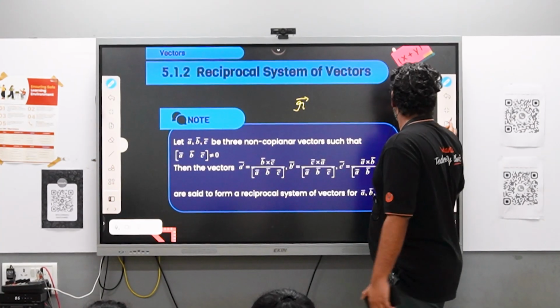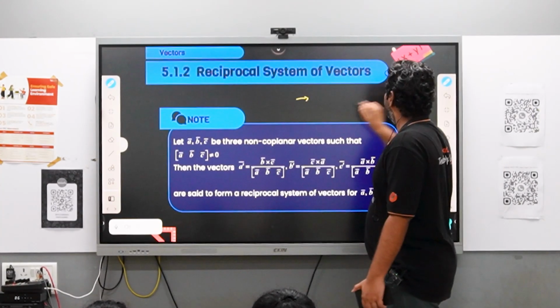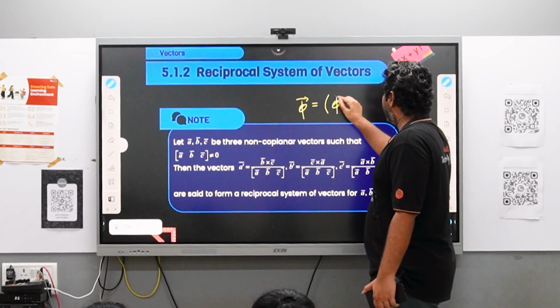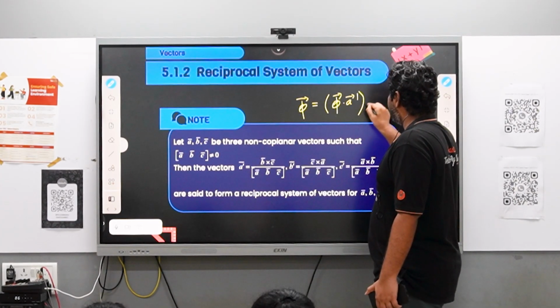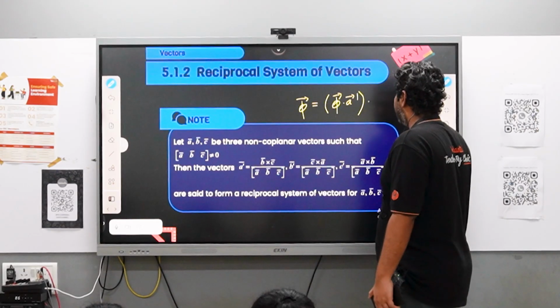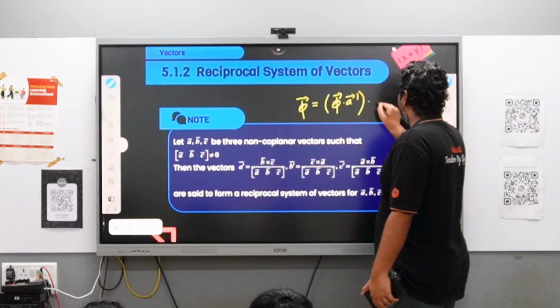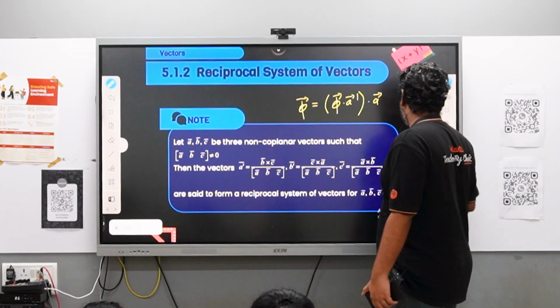So this is something you can write as: phi vector can be phi vector dot A vector dash. So this is going to be my P, right?